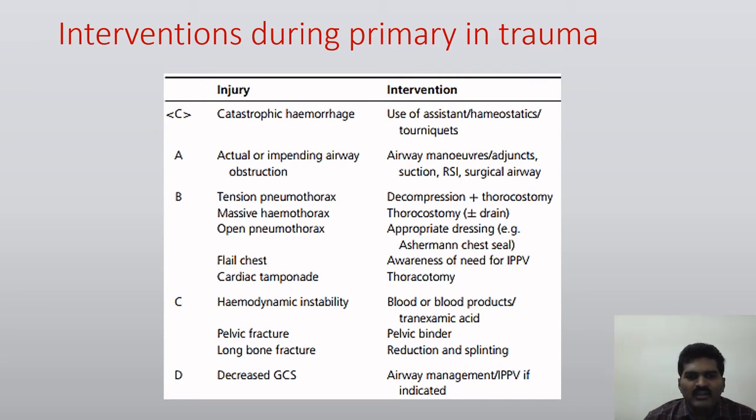For pelvic fracture, you need to apply a pelvic binder. Long bone fractures, reduce appropriately, and splinting has to be done. During this process, you need to give analgesia to the patient. And finally, reduced GCS. For a patient with reduced GCS, you need to maintain airway management and breathing.